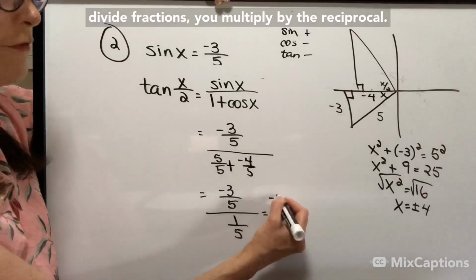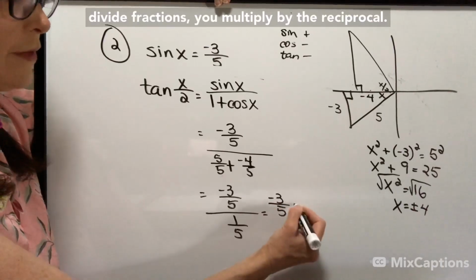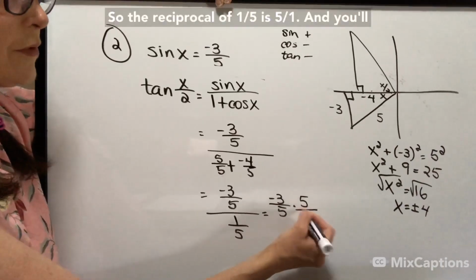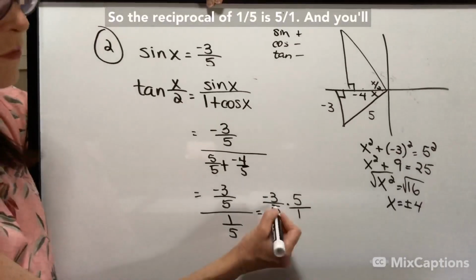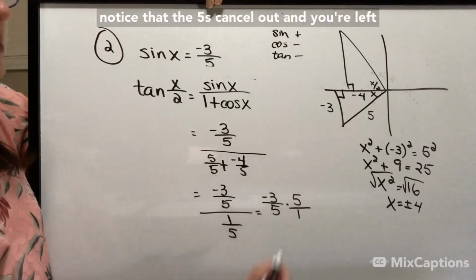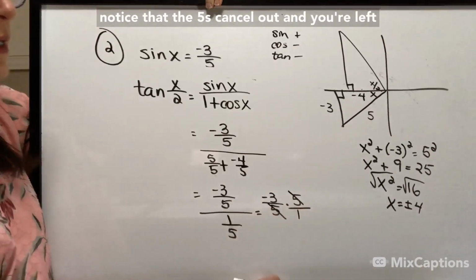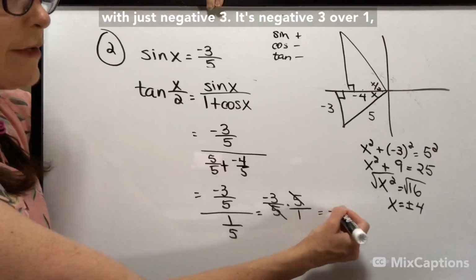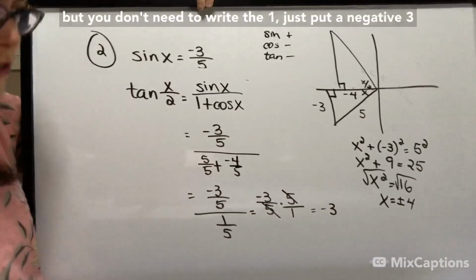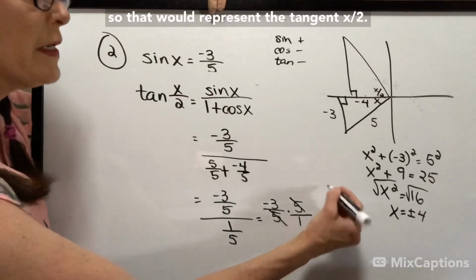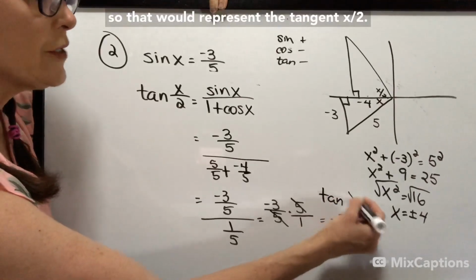And when you divide fractions, you multiply by the reciprocal. So the reciprocal of 1/5 is 5 over 1. And you'll notice that the 5's cancel out, and you're left with just -3. It's -3 over 1, but you don't need to write the 1. Just put -3. So that would represent the tangent of x over 2.